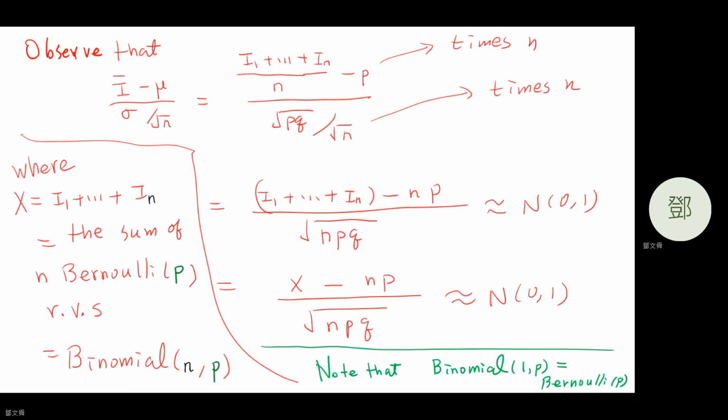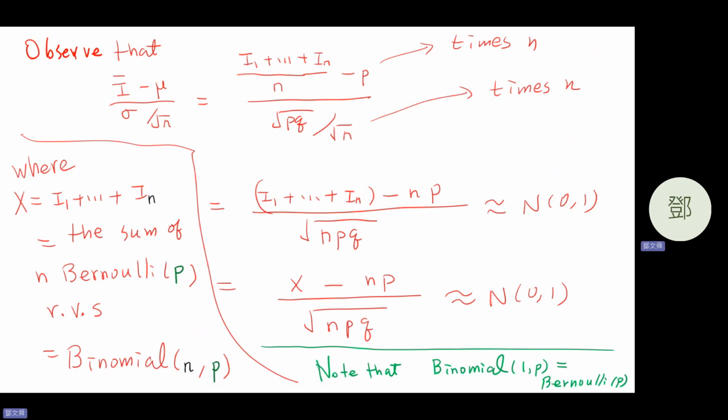Binomial with n equals 1 and p is exactly the same as a Bernoulli random variable. Okay, and now we will apply this formula, apply this theorem.